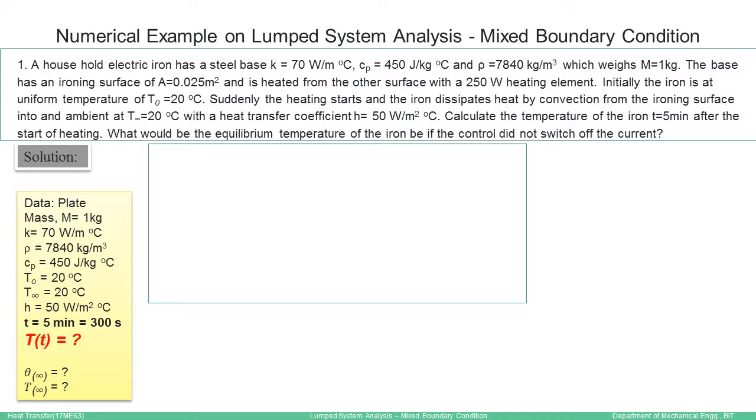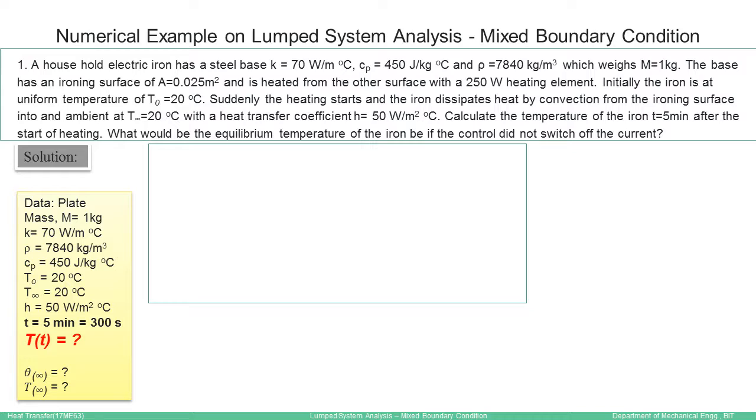The data listed out: electric iron, the plate part is considered. The mass is taken as 1 kg. So the dimensions are not given directly, thickness is not given directly. We have to make use of the volume and the area terms to calculate what is the mass related with density and volume.